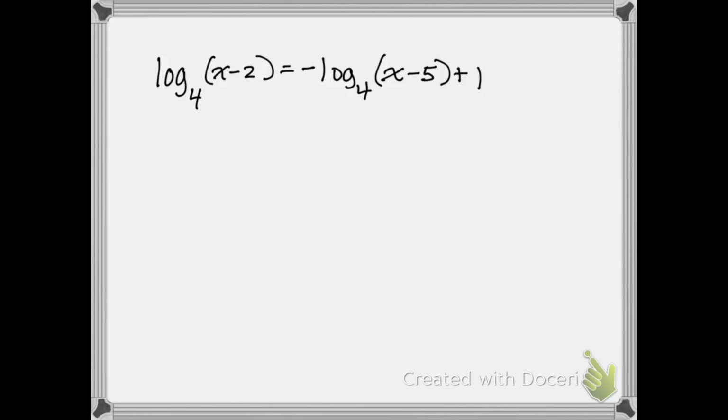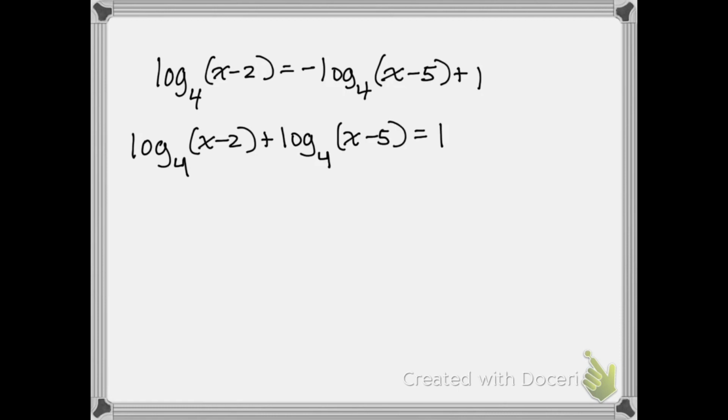But we can bring these together to the same side of the equation, and it would be equal to 1. And now perhaps you can see that we are set to apply the product property of logarithms, where I can multiply the two arguments: x minus 2 times x minus 5 on the left side there.